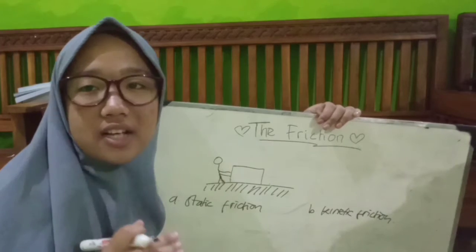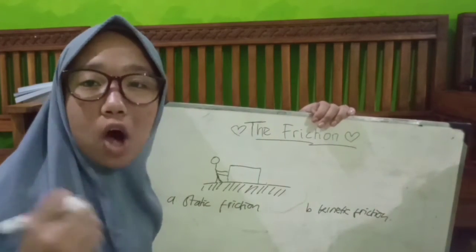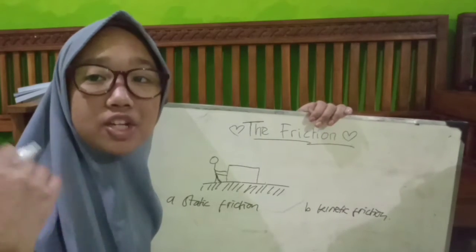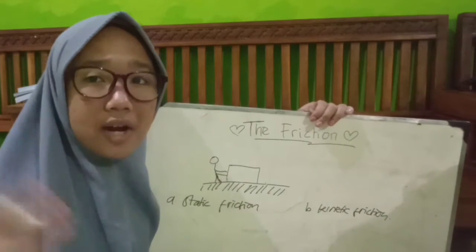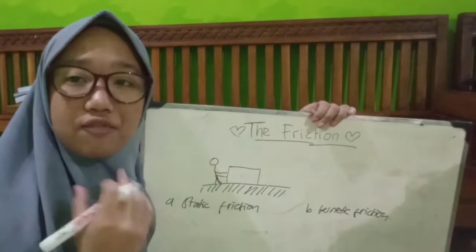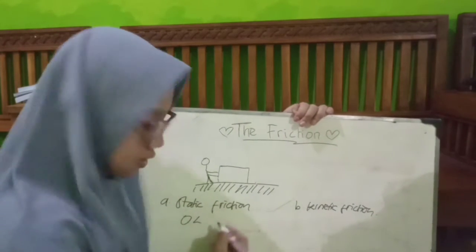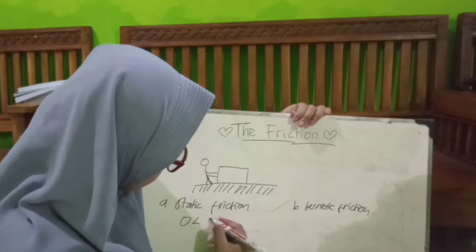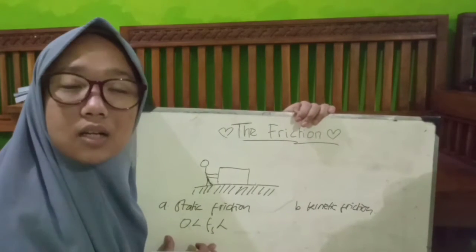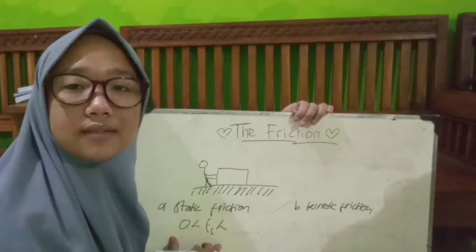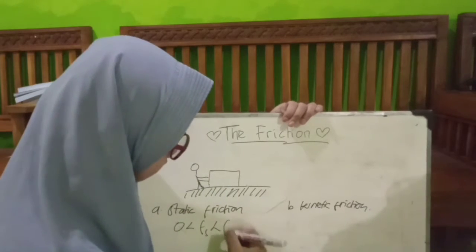Static friction is the friction force that acts on an object in a stationary state, and the magnitude of the static friction is between 0 and the maximum static friction.